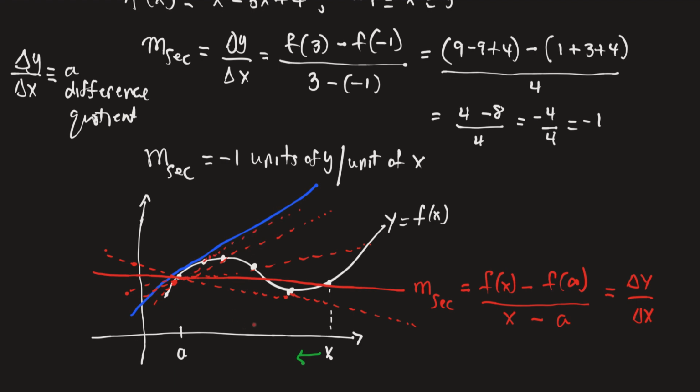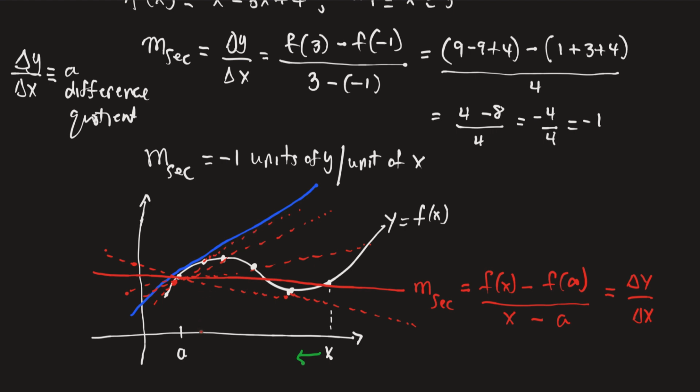And what happens is, if you notice, it's almost like we have a set of secant lines now. And the closer and closer x, my variable, gets to this fixed constant, the closer and closer the red secant lines are getting to the blue tangent line.